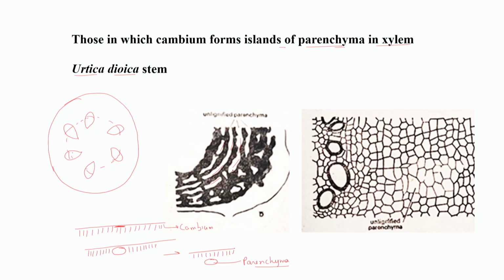So in that case you will see a lot of unlignified parenchyma embedded in the xylem. So they will appear as islands of xylem which are present in a lot of patches of parenchyma present in xylem. Okay, so this is also another abnormal behavior of cambium.